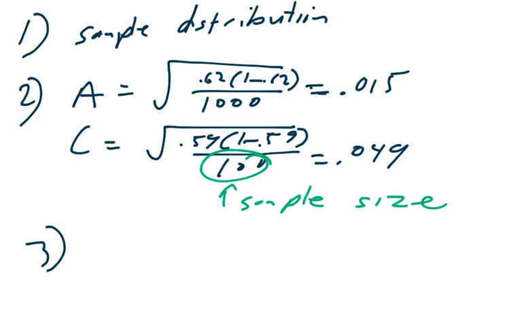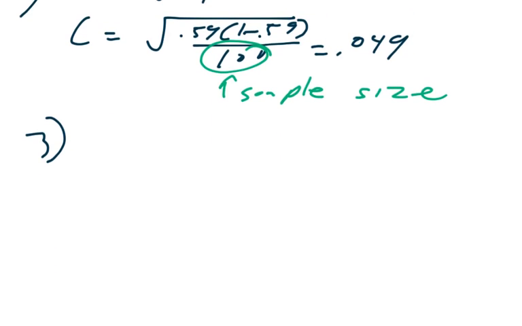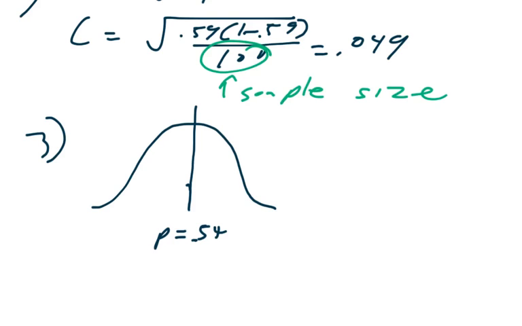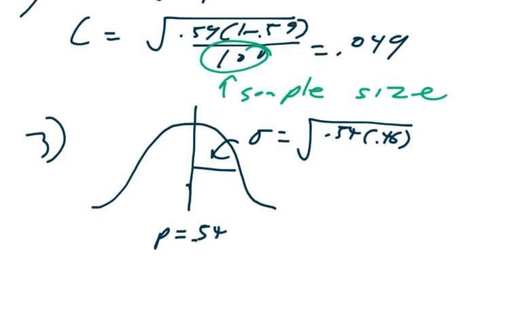Number 3, in a large population, 54% of households own DVD recorders. A simple random sample of 100 households from this population are to be contacted and the sample proportion computed. Which of the following expressions represents the probability that more than half the households will own one? So here's p equals 0.54. Sigma is equal to the square root of 0.54 times 0.46 divided by 100.